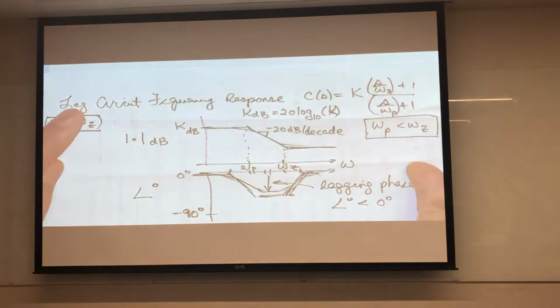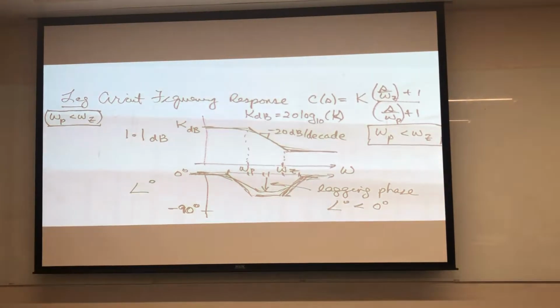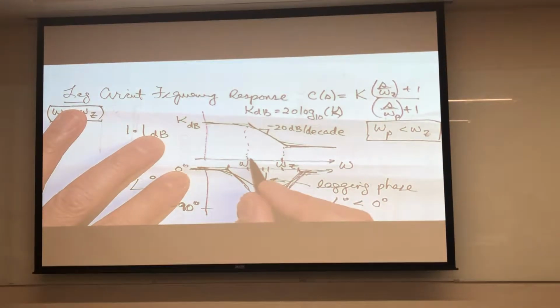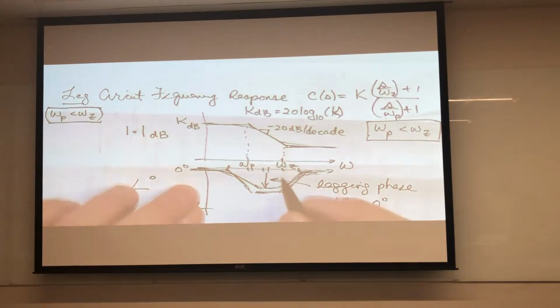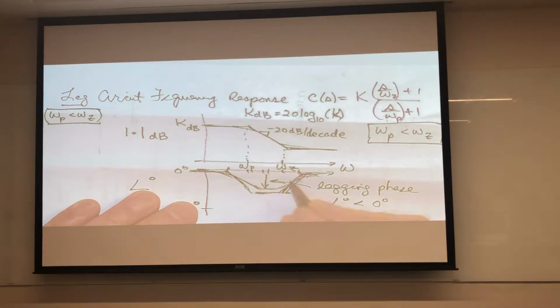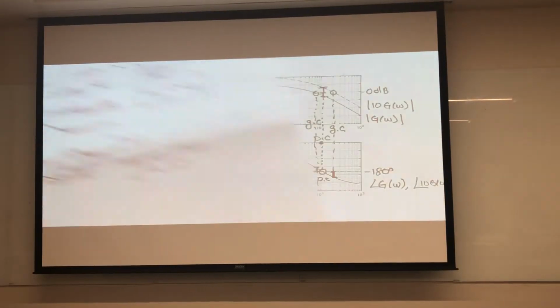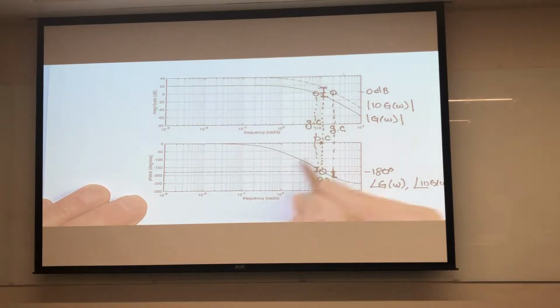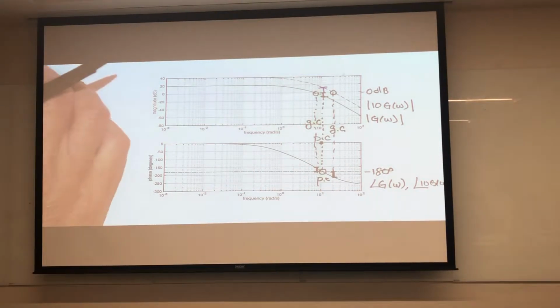And so we need to know qualitatively anyway, what happens when we put in a p and a z like this, where the pole is less than the zero. If the pole is less than the zero, we're going to get a lagging characteristic. And we just need to make sure that when we reshape this, we don't mess things up out here.